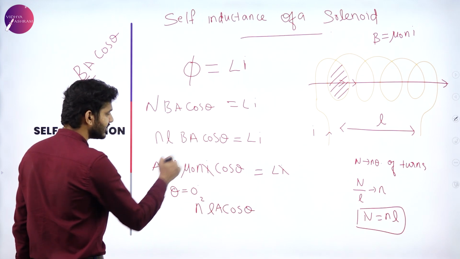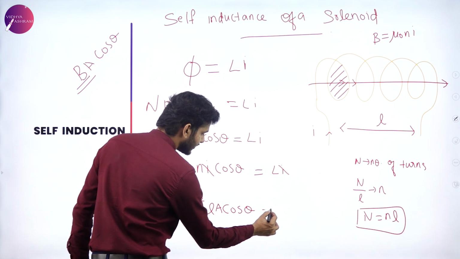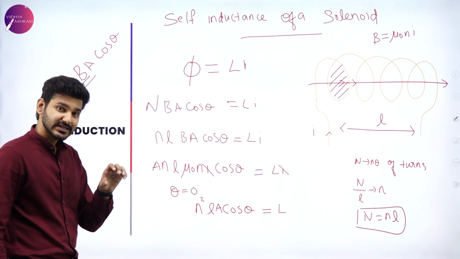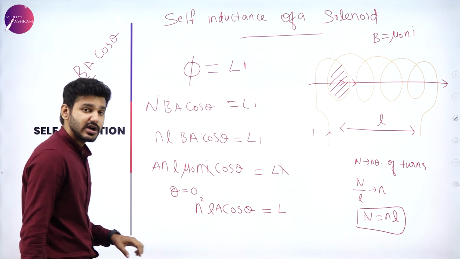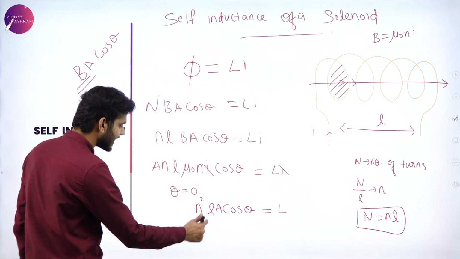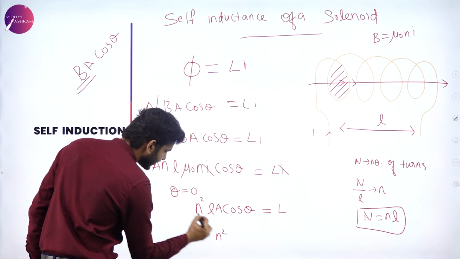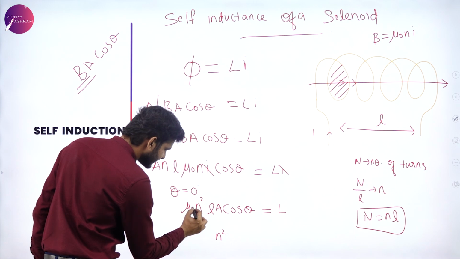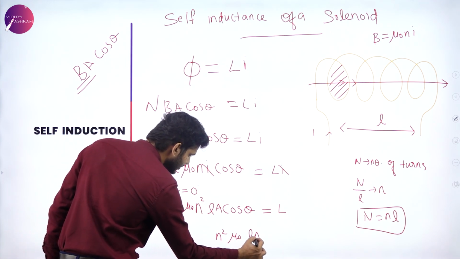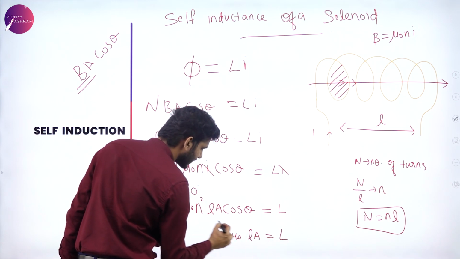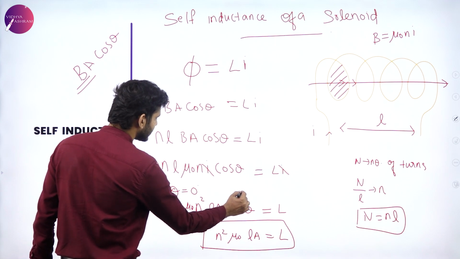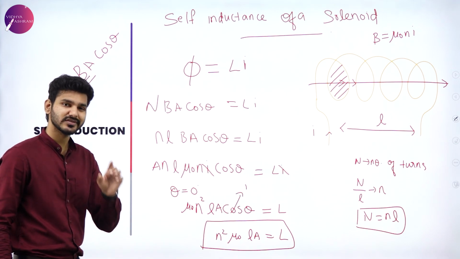So I can write it as n square l cos theta into A, which will be equal to L. Or simply rearranging it and making it a little more neat, we can say that n square mu naught l into A is equal to capital L. Here cos theta is equal to 1 as theta is equal to 0 degrees.